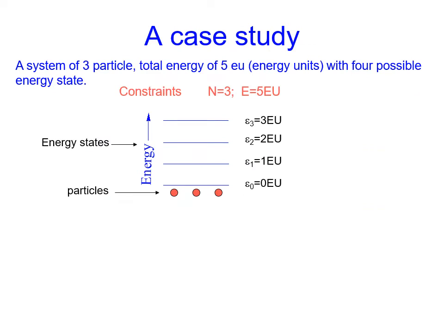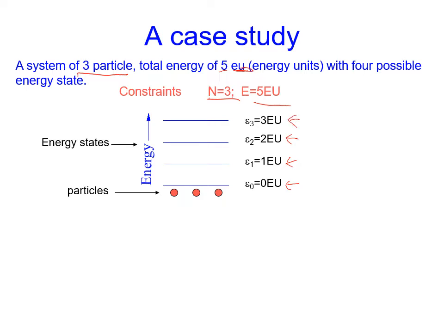Let's study a simple system containing 3 particles, and the total energy is 5 energy units. So the constraints are total number of particles 3, total energy 5. And the allowed energy levels are 0, 1 energy unit, 2 energy units, 3 energy units.